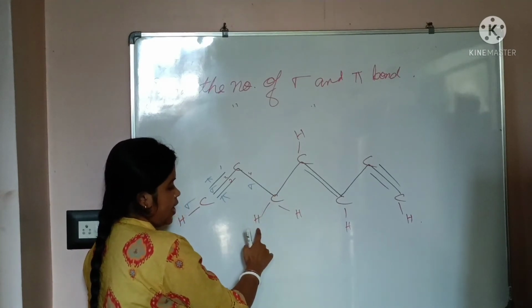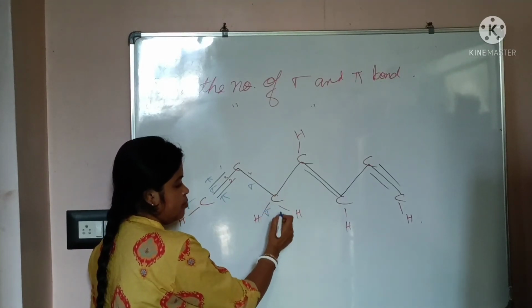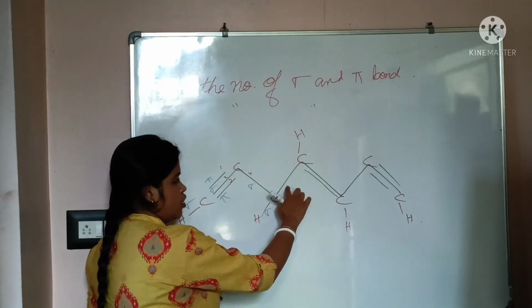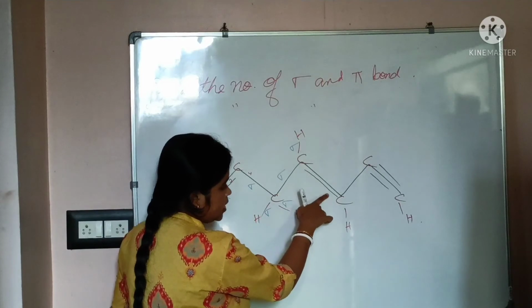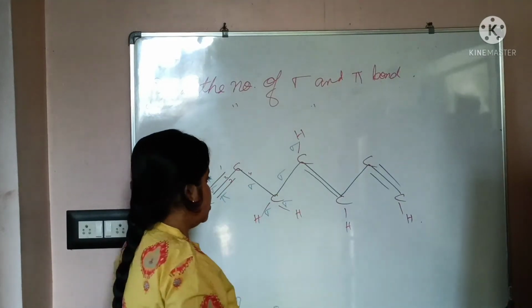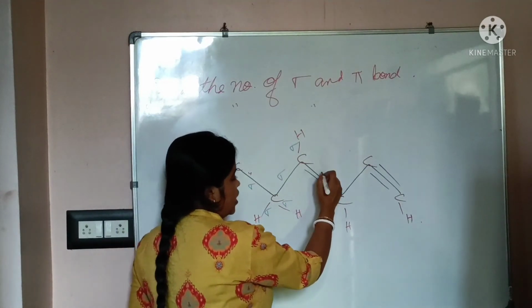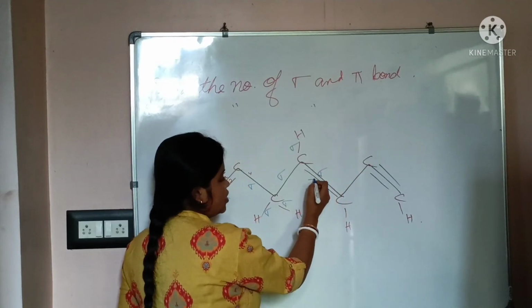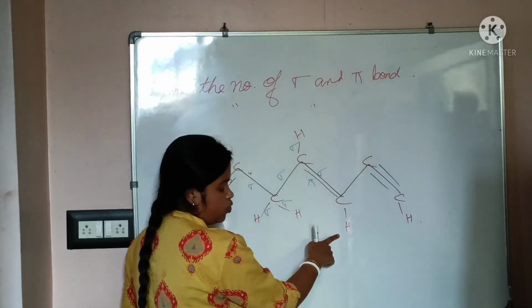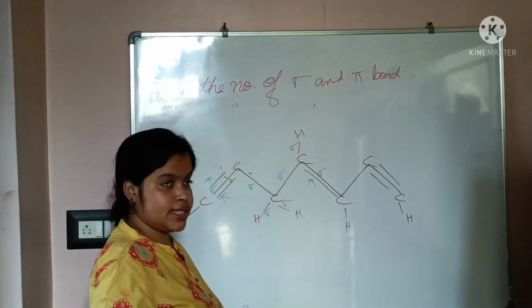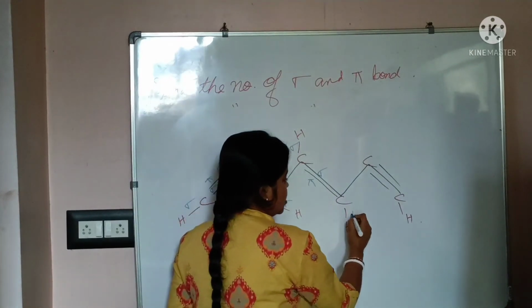This carbon and hydrogen form 1 bond, so sigma. In this case there are 2 bonds, so only one is sigma and the other one is pi bond. In this case carbon and hydrogen form only 1 single bond, so this should be a sigma bond.